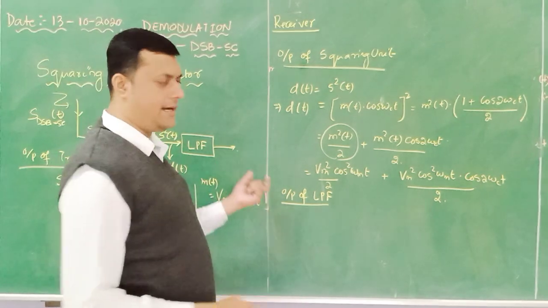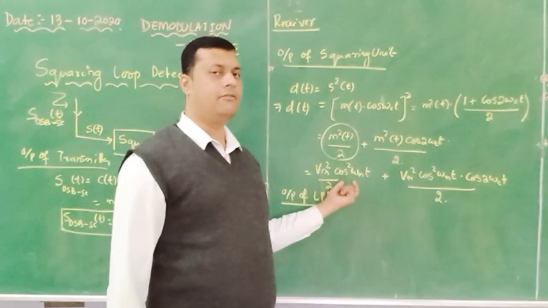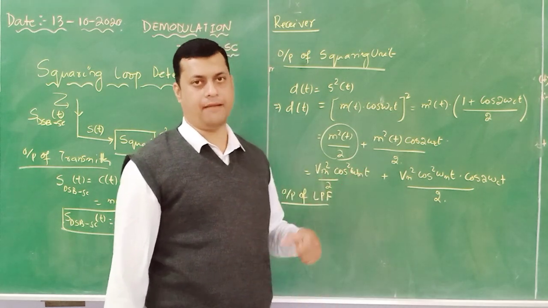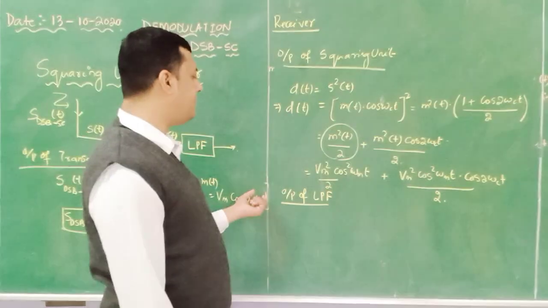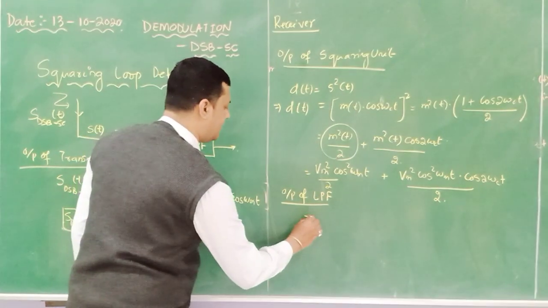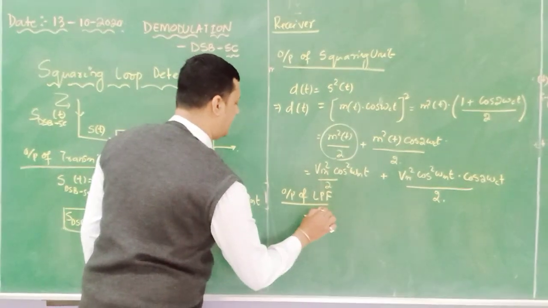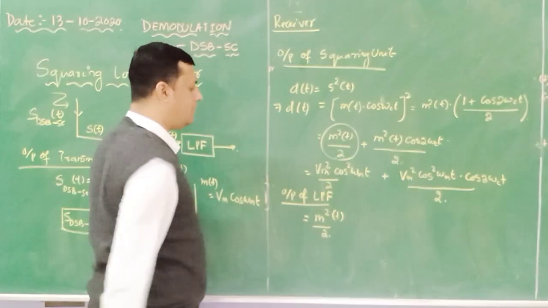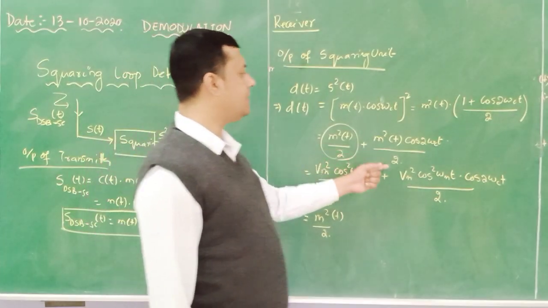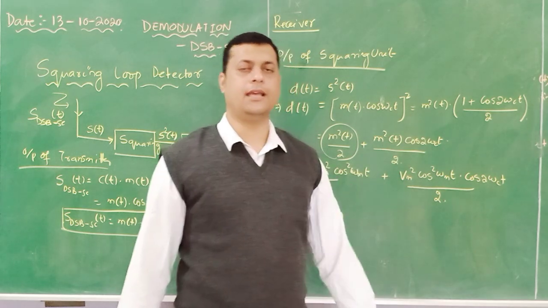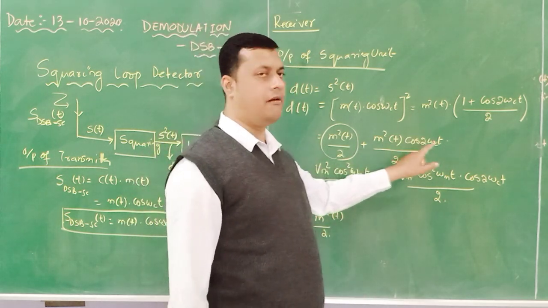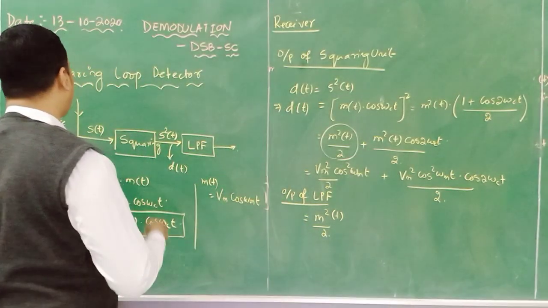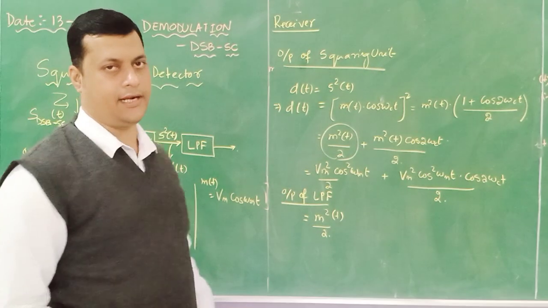If it is squared, the frequency component will become a second harmonic component, but still we have some amplitude with it, and depending upon that we get the output of the LPF as m square of t divided by 2. Only this higher component is going to be suppressed due to the presence of the carrier frequency. So this is the small explanation for the squaring loop detector.